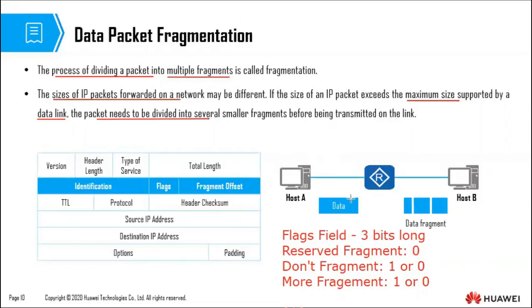So just graphically, you're seeing we have data, but we have to break it down into fragments. Are you getting the point? So each fragment will have the identification, flags and fragment offset. Now, the last field that is used for fragmentation is fragment offset.